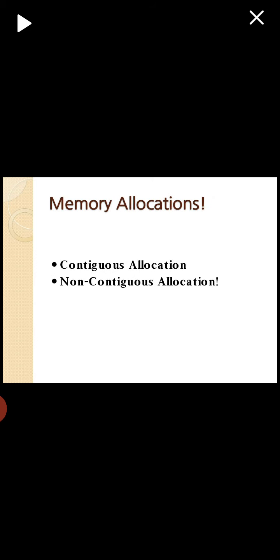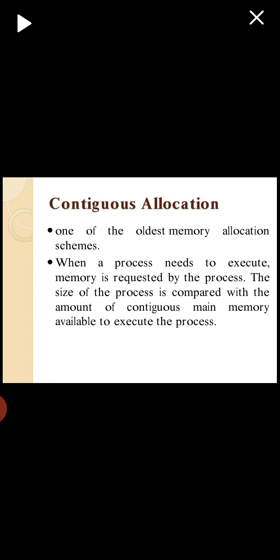So memory allocation is mainly divided into two parts: first of all contiguous memory allocation, and another is non-contiguous memory allocation. Contiguous allocation is the oldest memory allocation scheme. When a process needs to execute, memory is required by the processor.